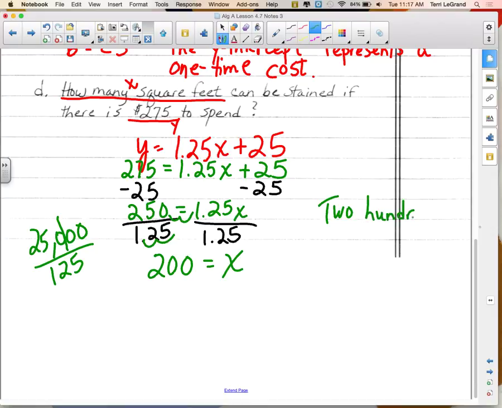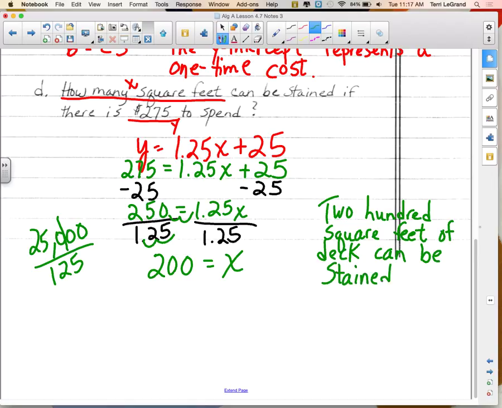Two hundred square feet of deck can be stained for $275. Punctuation. End of sentence.